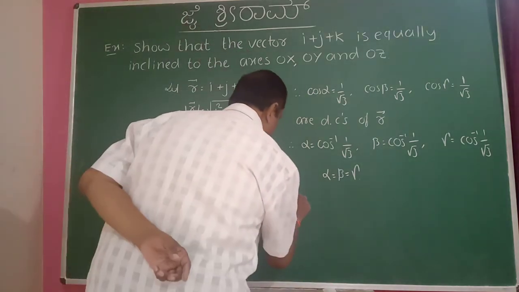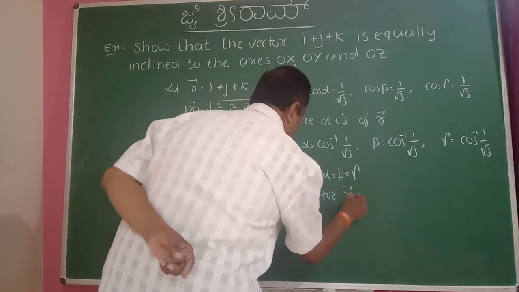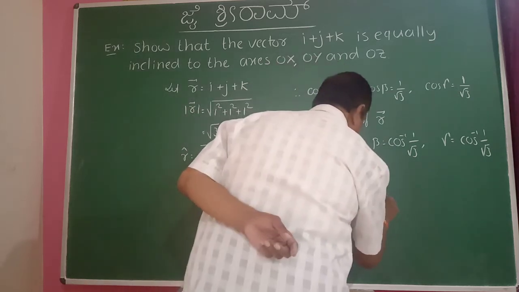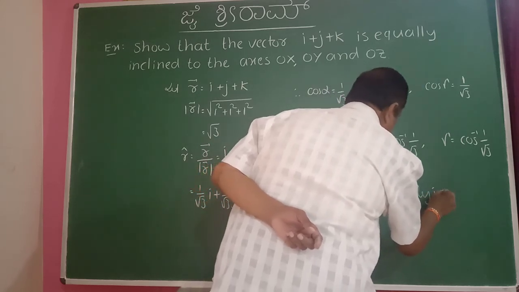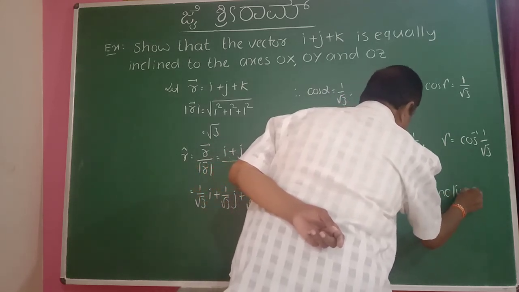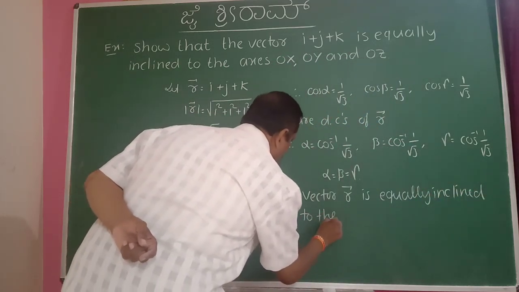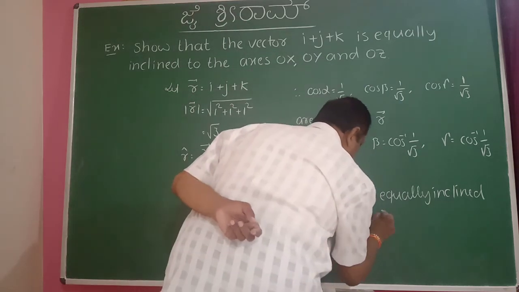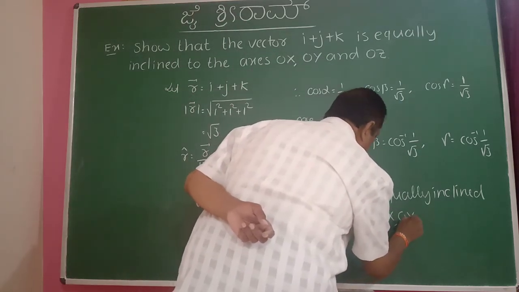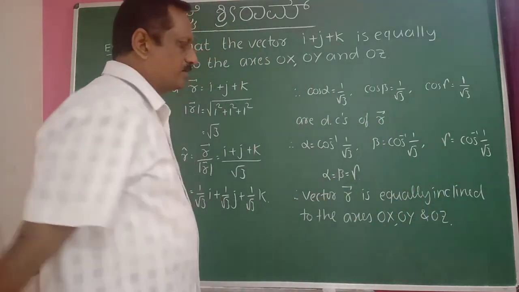Therefore the vector r bar is equally inclined to the axes OX, OY and OZ because all the angles are equal.